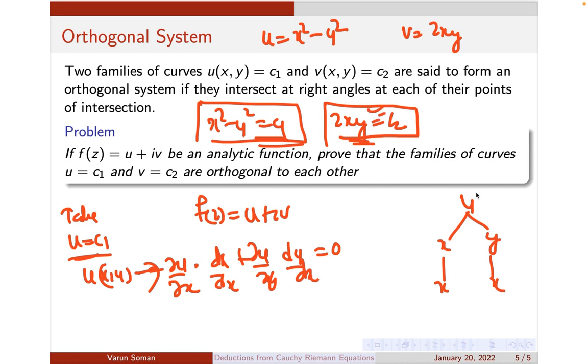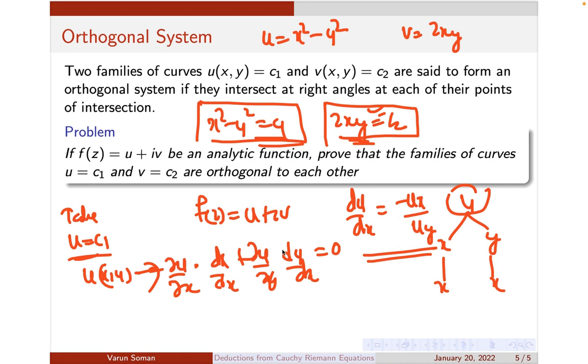Now how will you differentiate u with respect to x? It will be dou u by dou x into dx by dx plus dou u by dou y into dy by dx. Here dx by dx is 1. From this you can write the value of dy by dx. If I use the simple notation, it is minus ux by uy. You just take this to the right hand side.